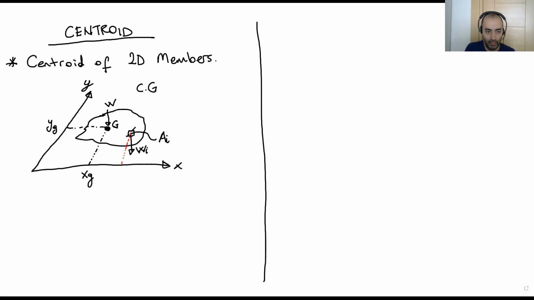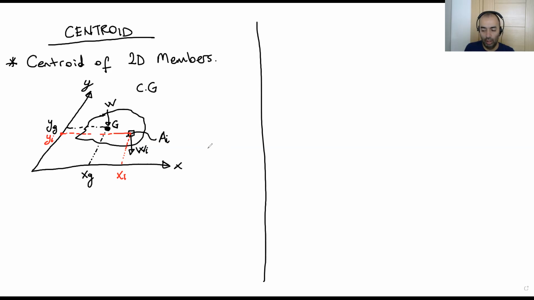So the center point's coordinate is Xi here. It's like Yi. Okay, this one. Let me clear this part. Okay, Yi. This is better.